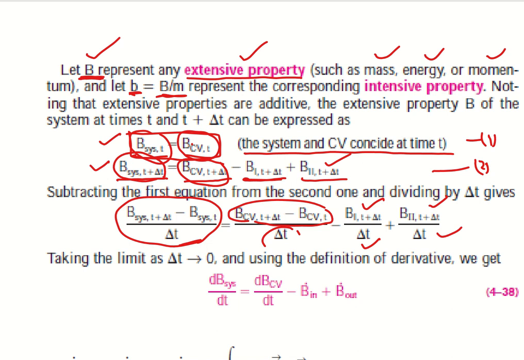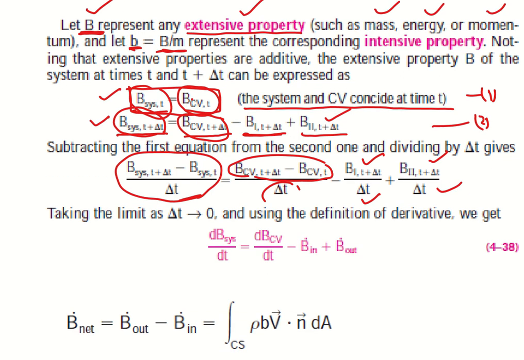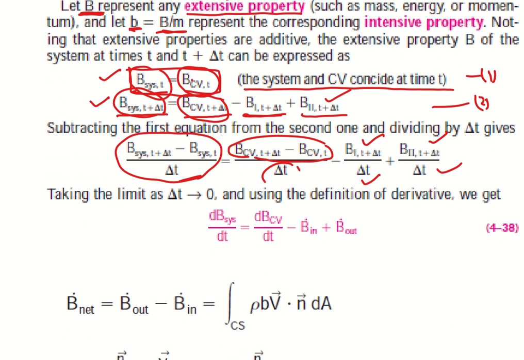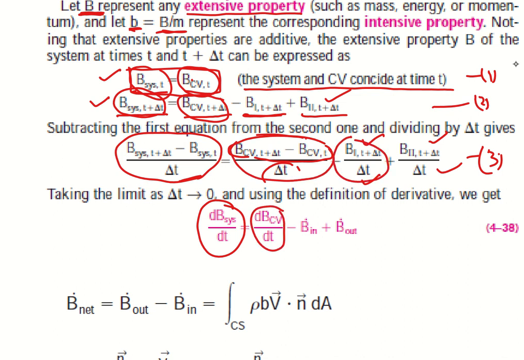Now, by using the definition of differentiation and taking delta t tends to 0, this equation number 3 can be written as dB system over dt is equal to dB CV over dt minus this b1, which is basically that extensive property going inside the control volume.